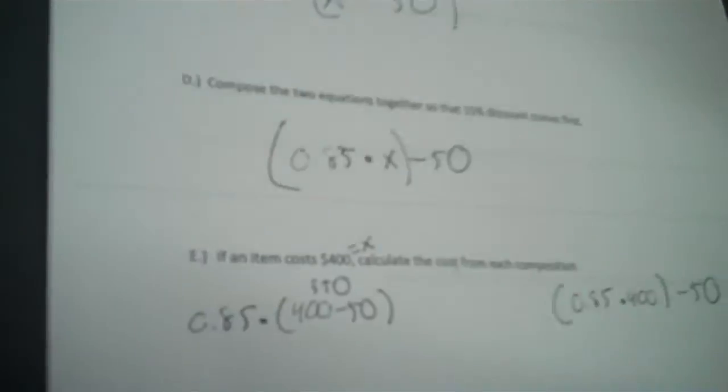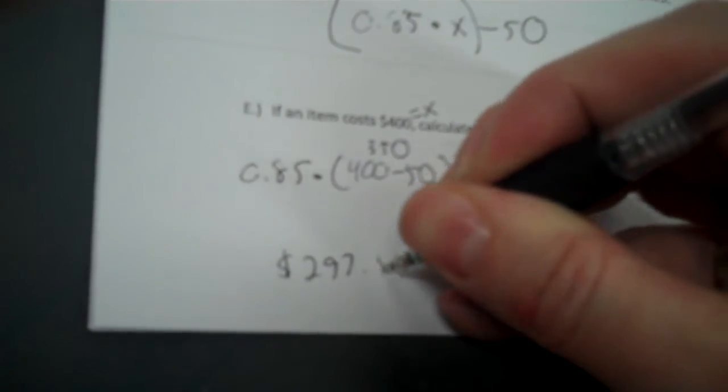Okay, now we all know we do parentheses first, so 400 minus 50 is 350. And then I multiply 350 by 0.85. So 297.5. Now label that with a dollar sign, $297.50.